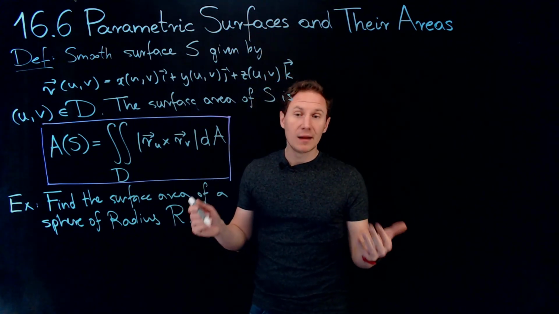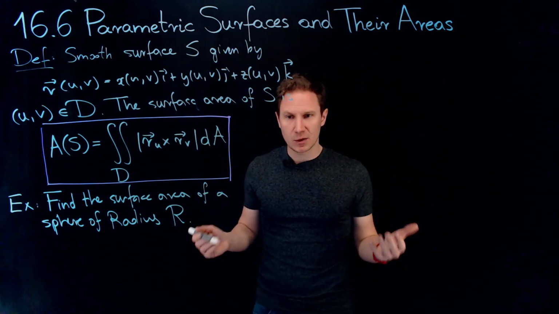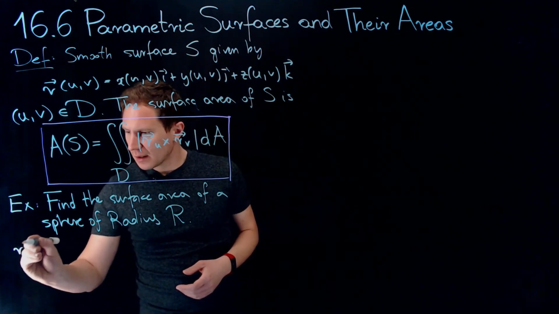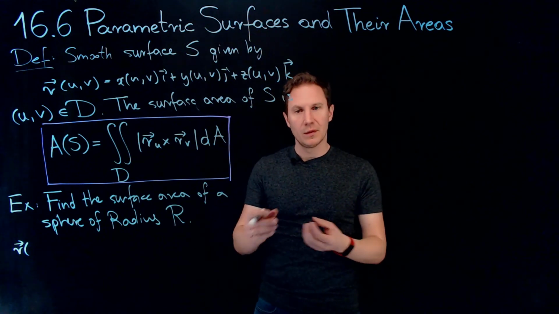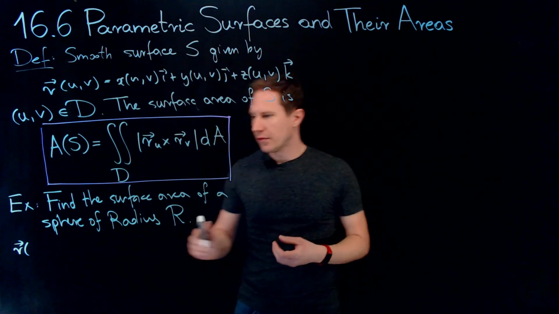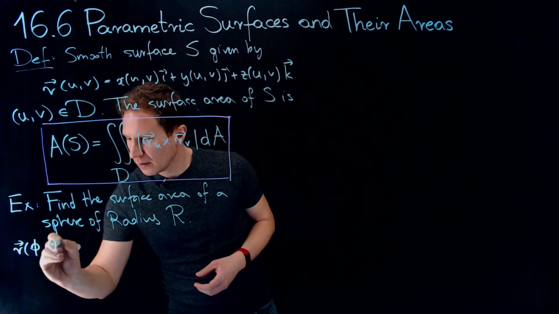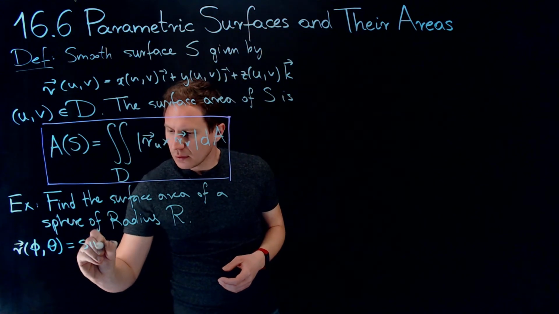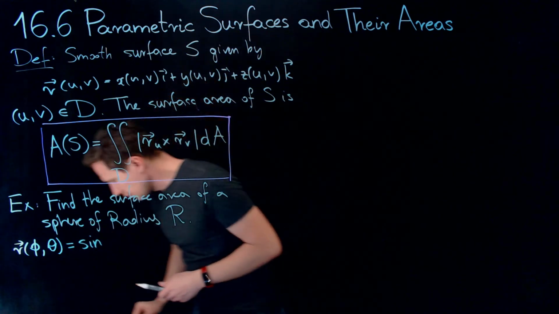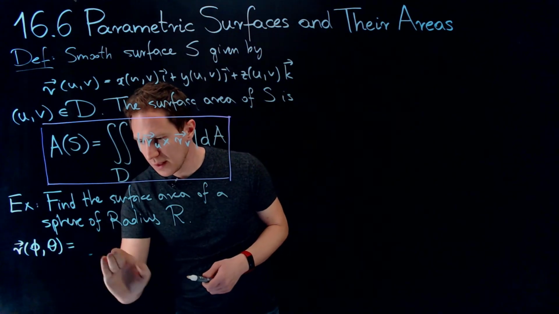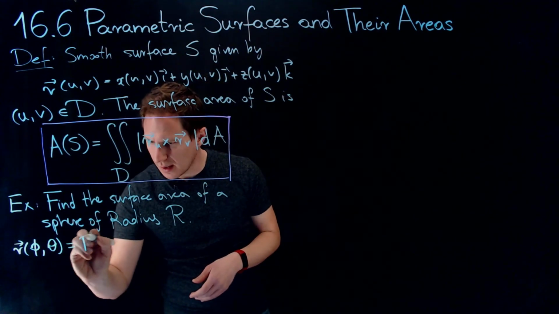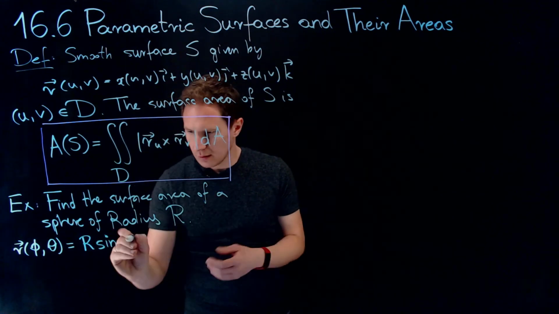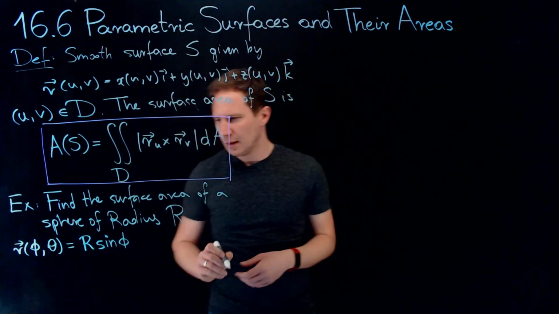So we all know that it's 4 pi R squared, but how do we get that result? Well, r now depends on the spherical coordinates phi and theta. I said you should use spherical coordinates, and we want this sphere to have radius R, so the radius is fixed at capital R, but phi and theta can change in their respective intervals.